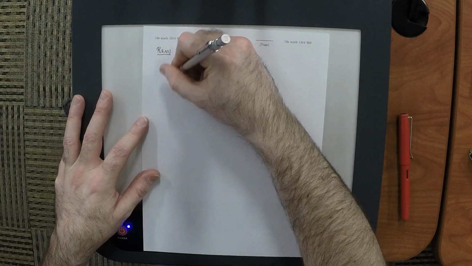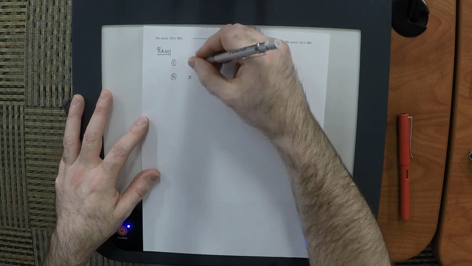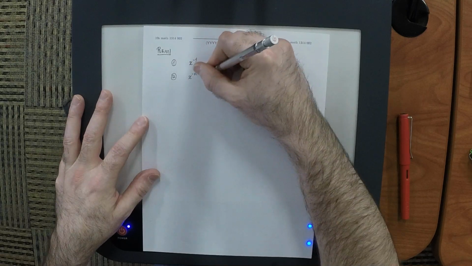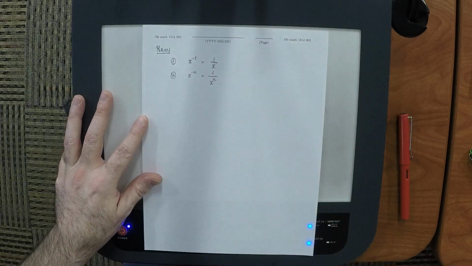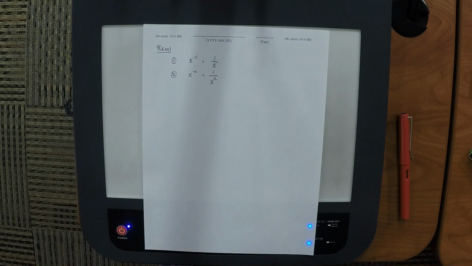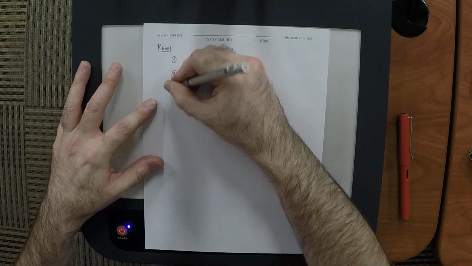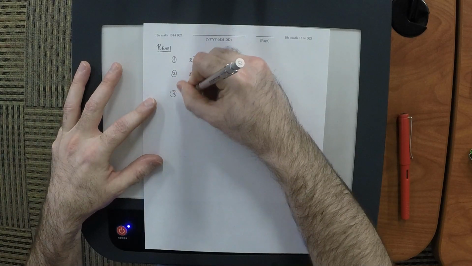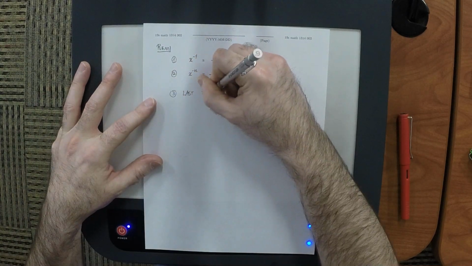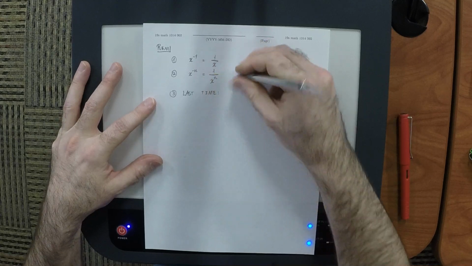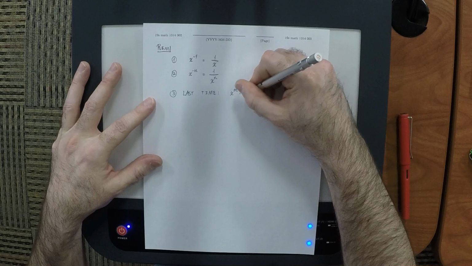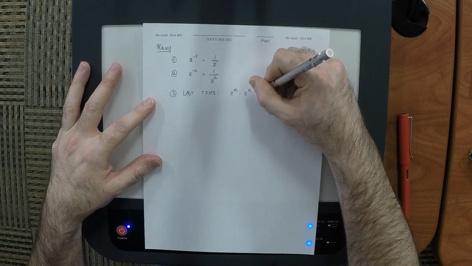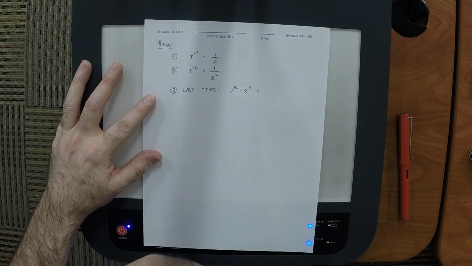0 to negative 1 is not defined. Similarly, x to negative n is 1 over x to regular n, like that. Now, last time, we said that x to m multiplied by x to n could be written in a simplified way.